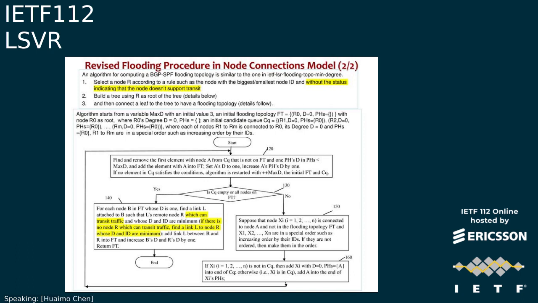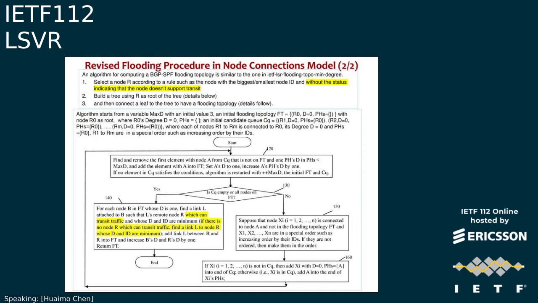So this page just describes procedures or algorithms for computing the flooding topology for BGP SPF. This algorithm is similar to the one in IGP flooding topology computation. The only difference is that we consider some special attributes in BGP SPF.